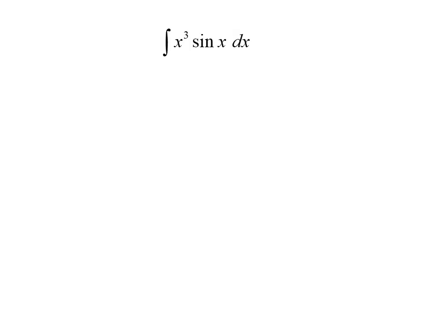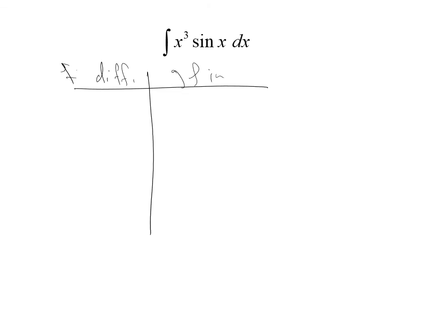Look at how to find this by tabular integration. Can it satisfy or not? Yes, we can. We'll make here the function with the differentiation, f, and here g with integration. Here x power 3, here sine x.